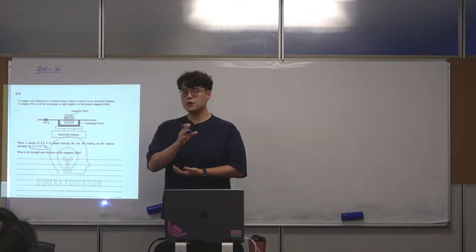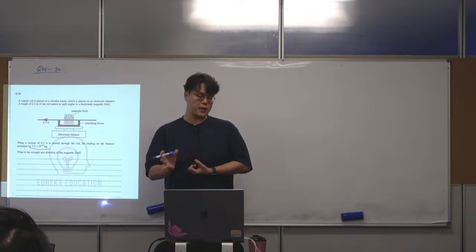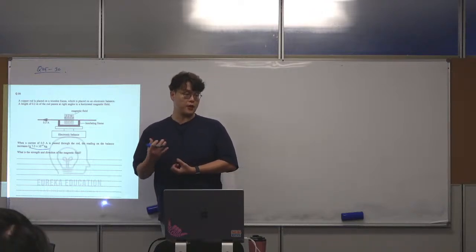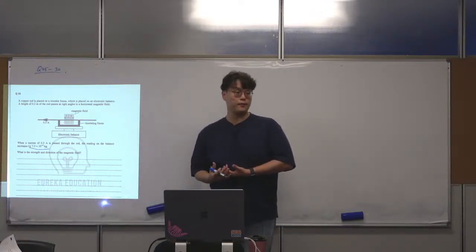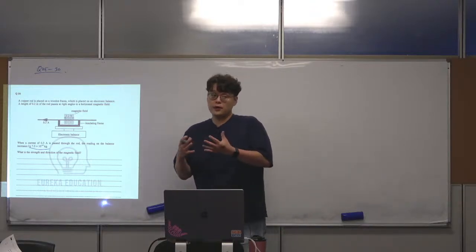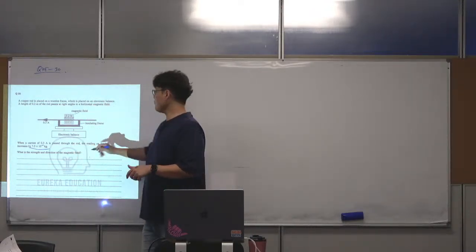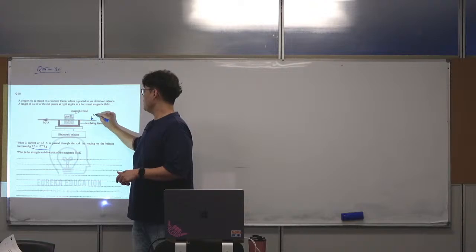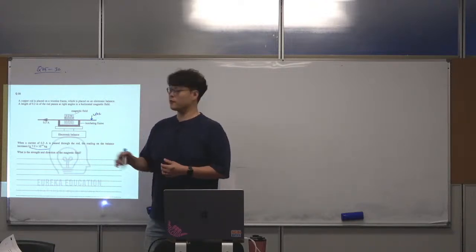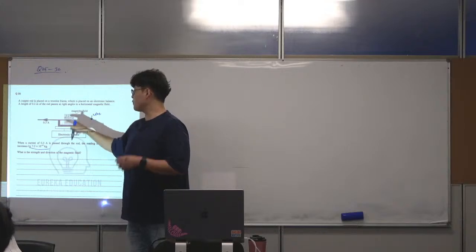First, do you understand what's going on in this question? Steph, do you understand what is going on in here? This is really similar to your practice. Try to understand the background: we have a current in a copper wire, going in this direction, placed in the magnetic field over a length of 0.2 meters.